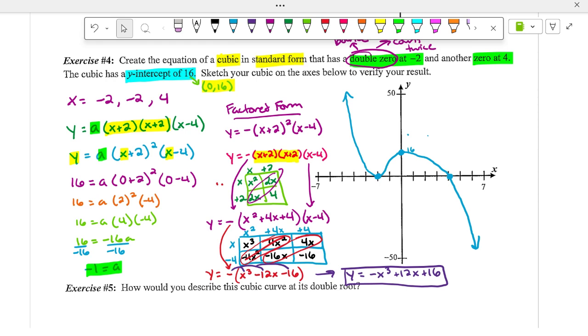Yeah, so you're finding factors first. Then you're going to use those factors. Once you get that, box. You plug it in.